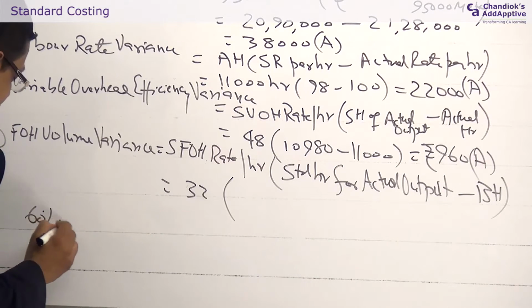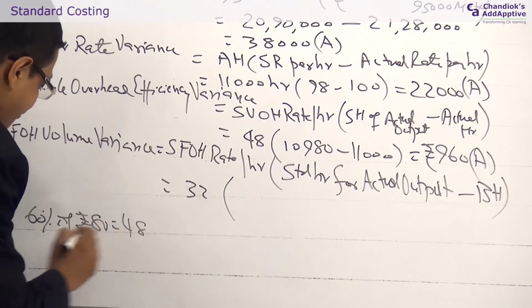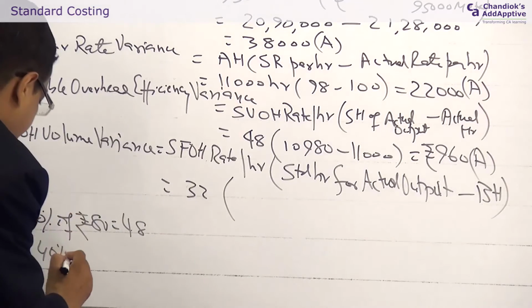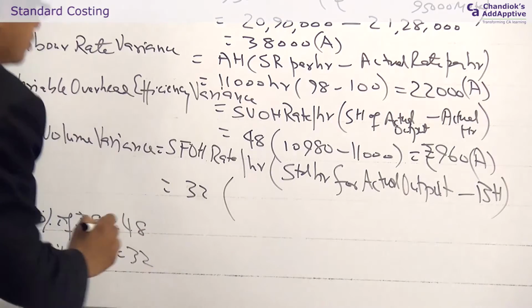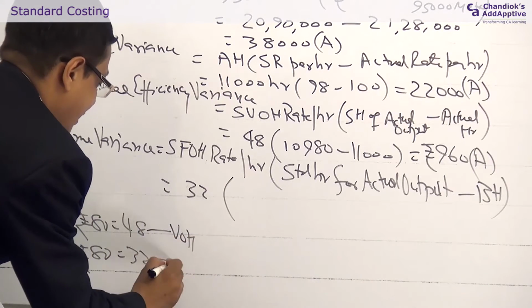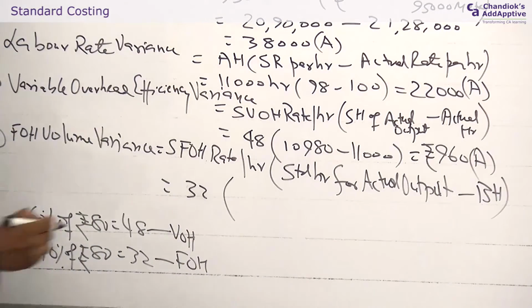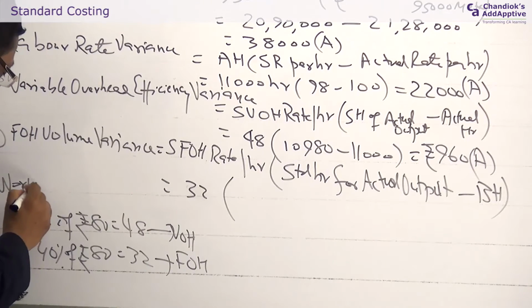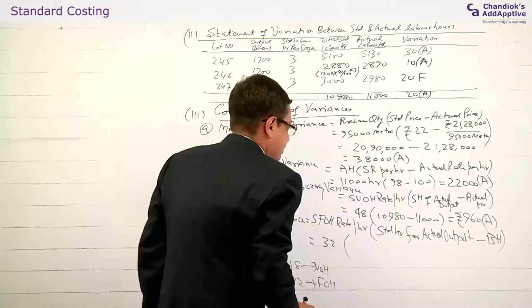So, 60% of rupees 80 is 48 and 40% of rupees 80 is 32. So, 48 is related to variable overhead and 32 is related to fixed overhead, right. This information is given in the question. You can take it as a working note. So, this is 32.